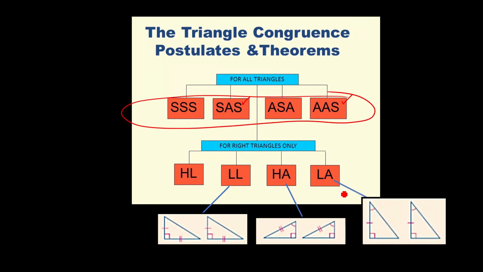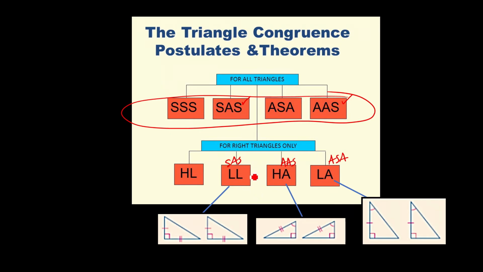And finally, this one, LA, says that if one of the legs and one of the angles, other than the right angle, of one right triangle is congruent to one of the legs and one of the angles of a second right triangle, then the right triangles are congruent. And that's this particular scenario. That's angle, side, angle. And this is like angle, side, and this is side, angle, side.